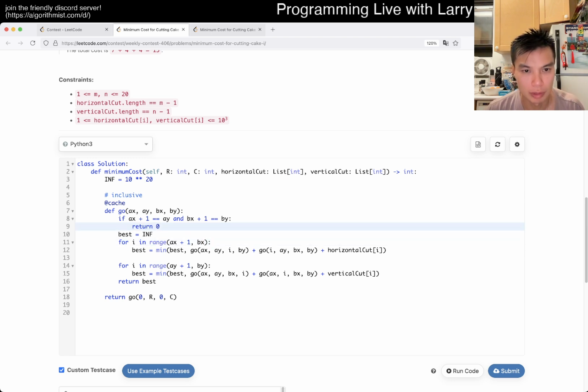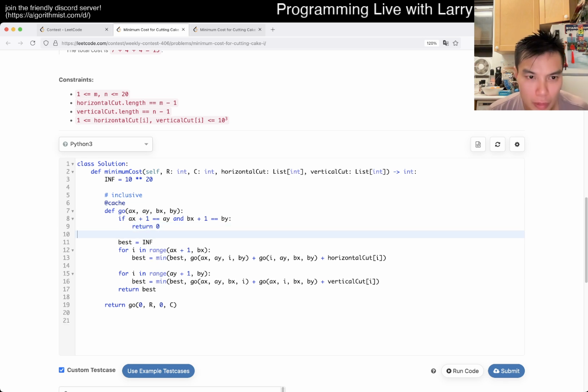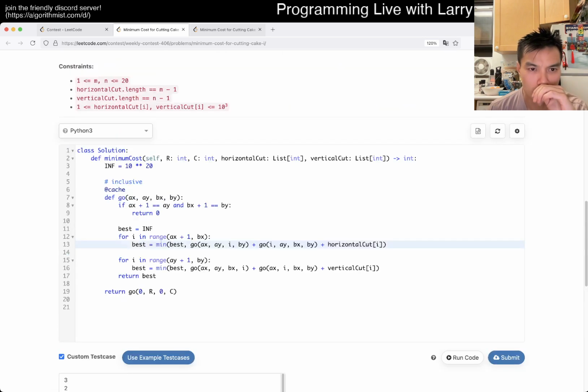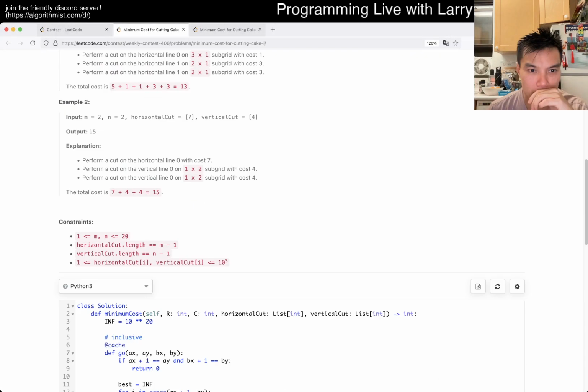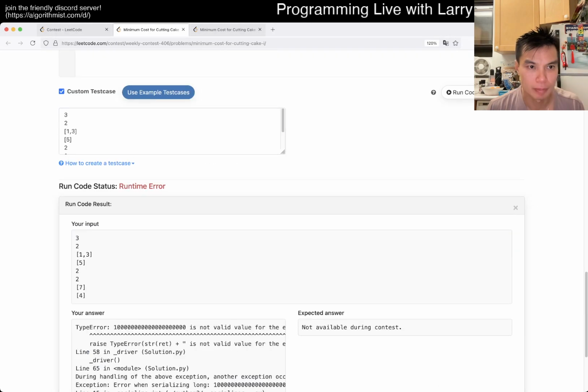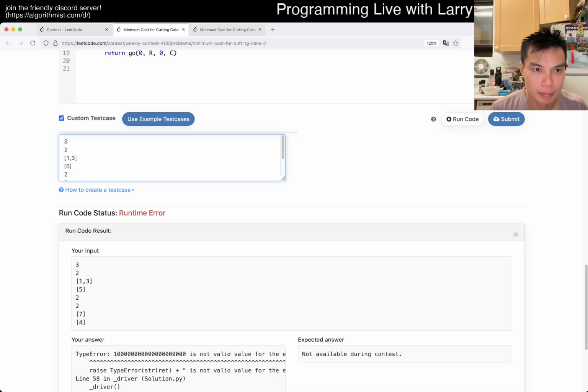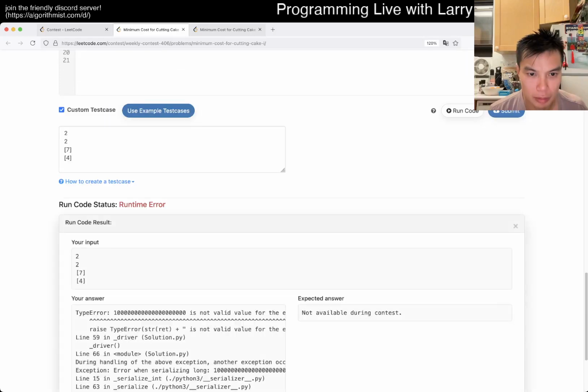What am I doing wrong here? Even this is wrong.